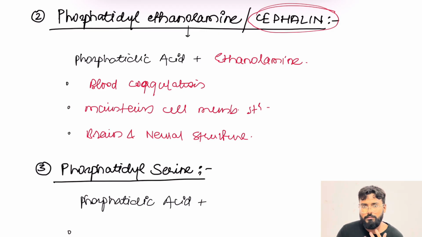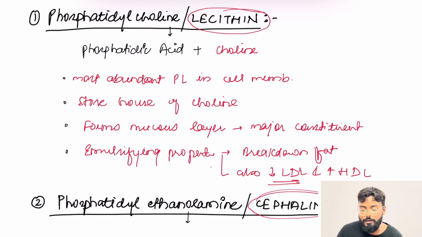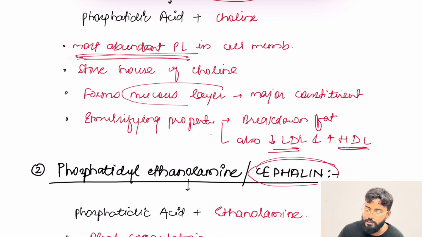See, these glycerophospholipids, most of them are found in the cell membrane, plasma membrane. So by one way or other, they all have some functions that is going to maintain the fluidity or structure of the plasma membrane. But the most predominant is your lecithin, which is also found in mucus layer.